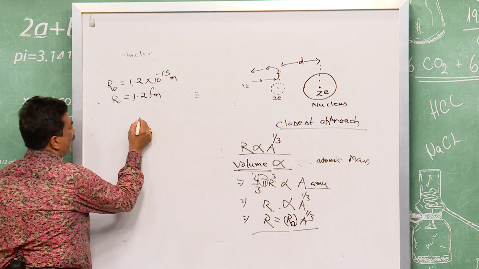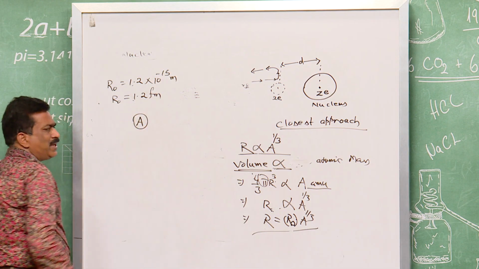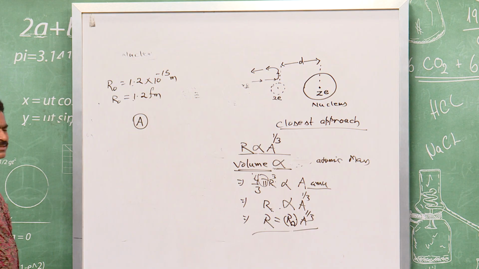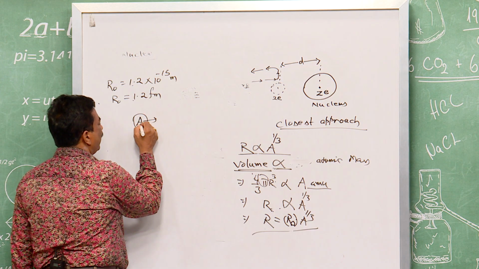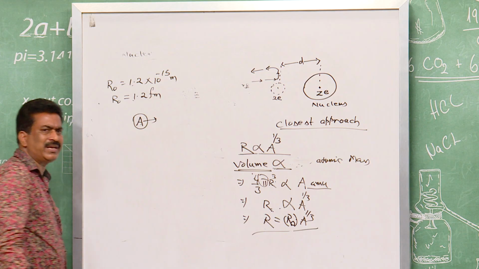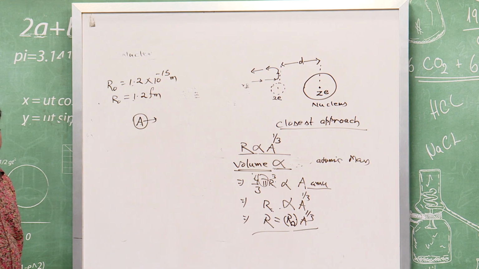So this shows that A means the atomic mass number. If the mass number increases, then the radius increases.